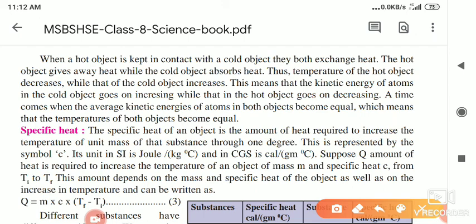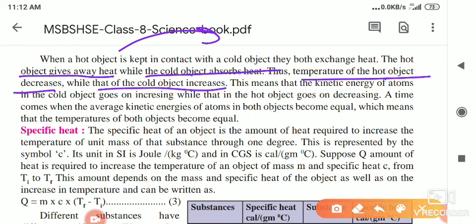The hot object gives away heat while the cold object absorbs heat. Thus the temperature of the hot object decreases. As you know, the hot object releases energy, so its temperature decreases, while the cold object's heat increases, meaning its temperature rises.